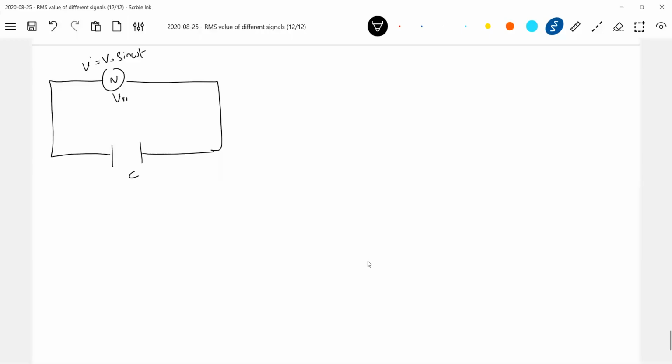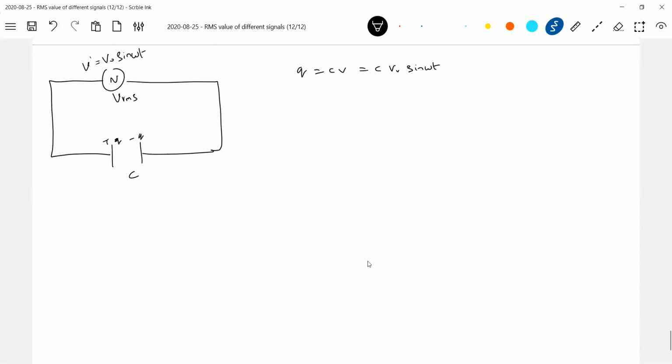The RMS value of this signal will be VRMS. Then at any instant of time, let the charge be Q. So what should Q be equal to? Q should be equal to C into V. What is V? V naught sine omega t.